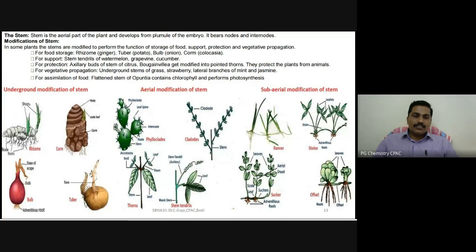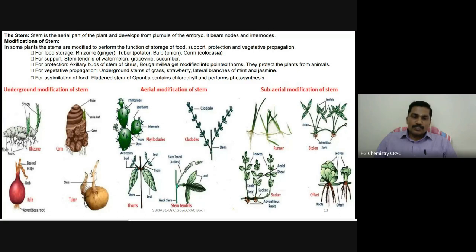So this stem is also called food storage, storage of food. And aerial modification of stem, for example phylloclades like Opuntia. So the leaf is modified as a thorn, and the stem is modified as a leaf-like structure. So that is phylloclades and cladodes, and jujuba.